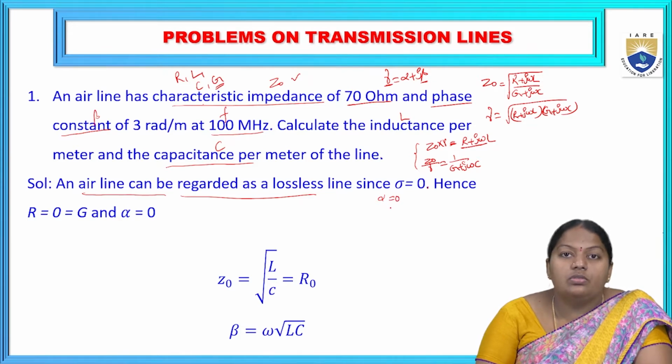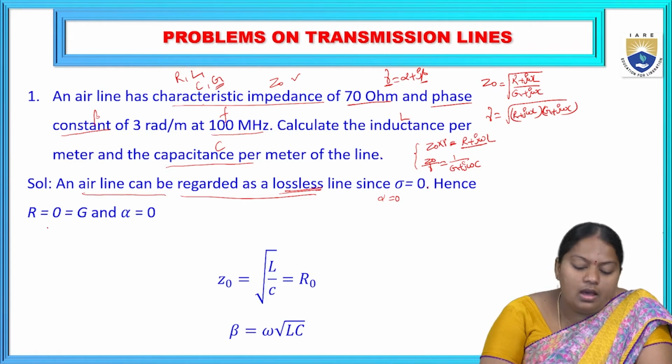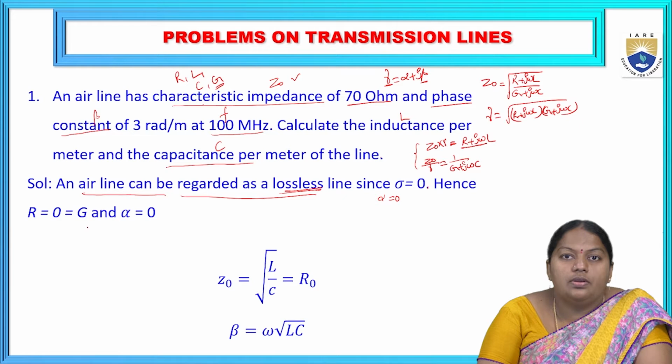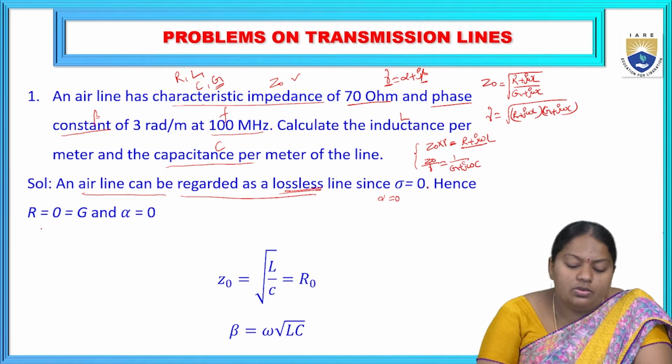As alpha is 0, there is no loss in the signal, hence it is said to be a lossless or perfect transmission line. Since sigma equals 0, R equals G equals 0. These two are the power dissipating elements, and hence if alpha equals 0, we assume R equals G equals 0.